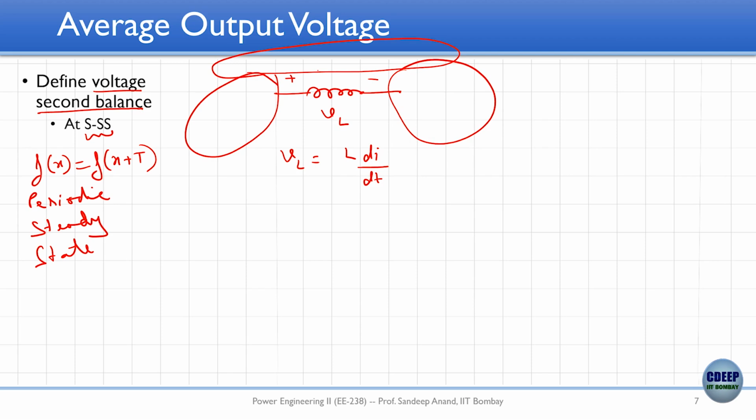So if all the circuit is at periodic steady state, and if you have an inductor, then you can use its equation.